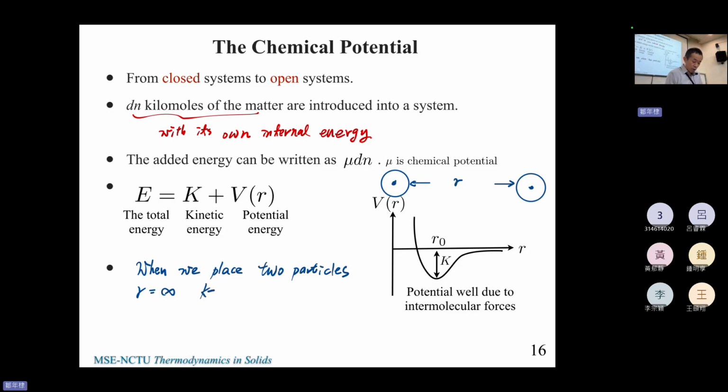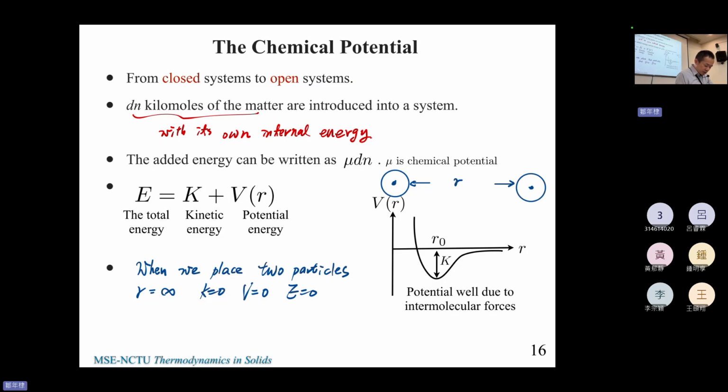K equal to 0, no kinetic energy, of course. They haven't met. V equal to 0, E equal to 0. E is your total energy.